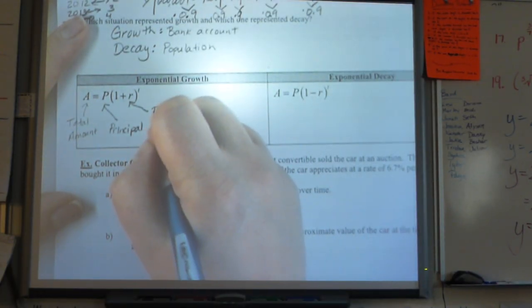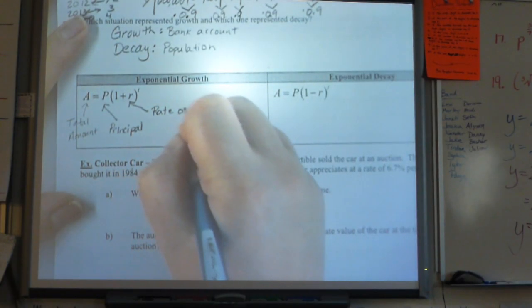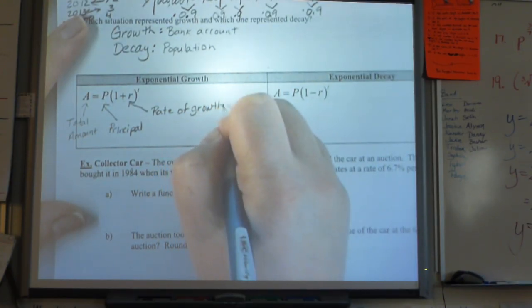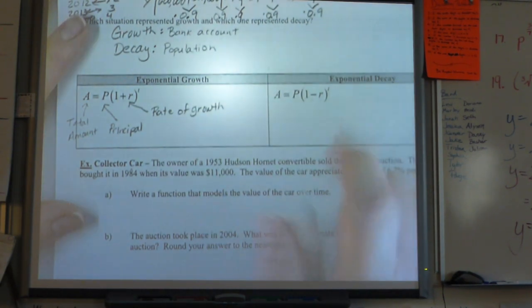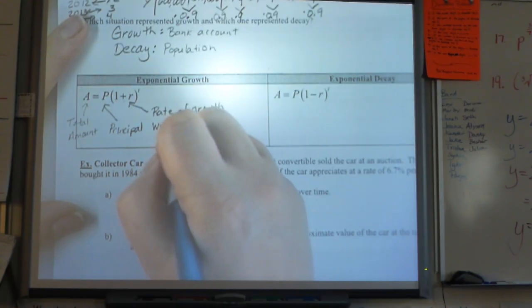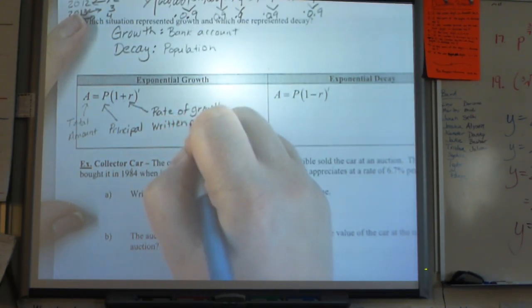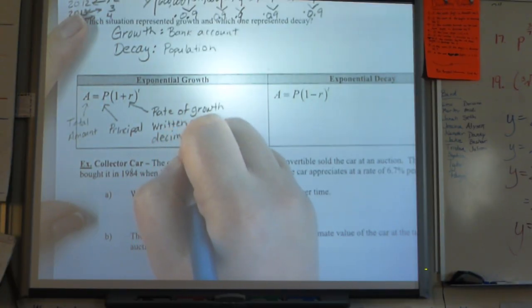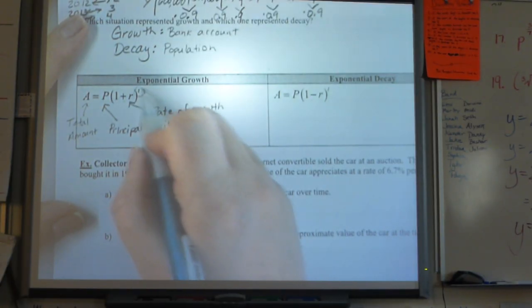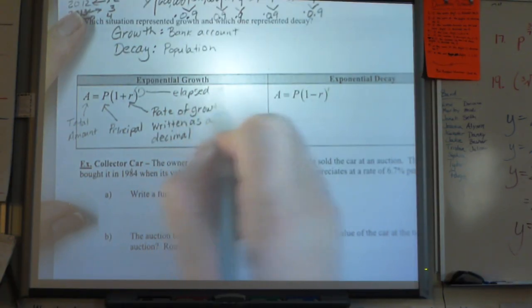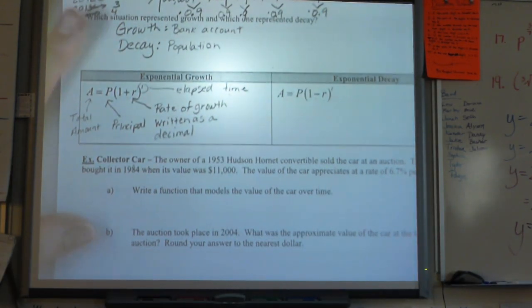The rate of growth. In this case, it'd be rate of decay, written as a decimal. Okay, and T is time, elapsed time. In other words, how much time has passed, elapsed time.